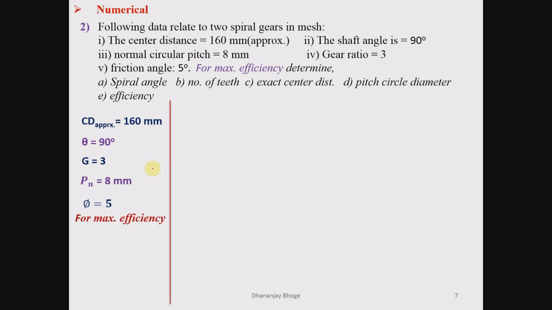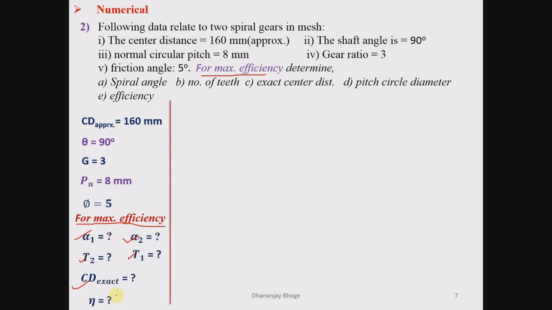For maximum efficiency, this is the condition based on which we have to solve the problem. That is why I have written it here. For maximum efficiency, we will determine the spiral angles alpha 1 and alpha 2, number of teeth T1 and T2, exact center distance and efficiency.